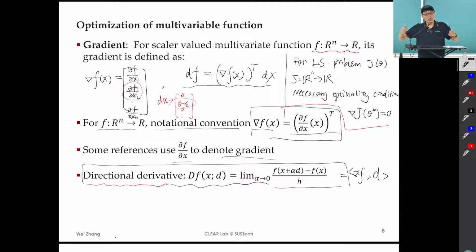If I have a multivariate function, I define a line and move along it, then that becomes a slice of the function. Then I can use whatever scalar results to analyze it. Let's not worry about that. All I want you to know is that gradient equal to 0 gives you at least a candidate for an optimum.